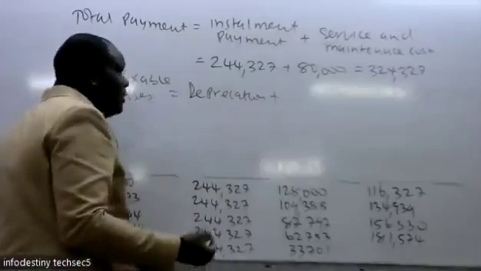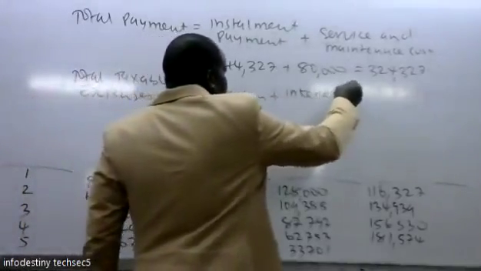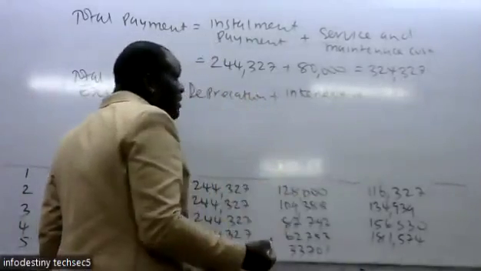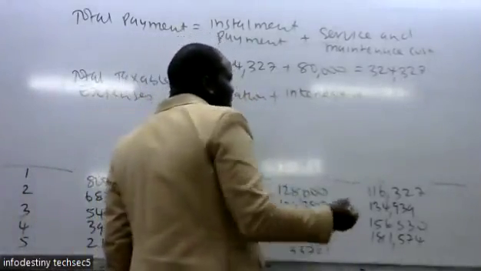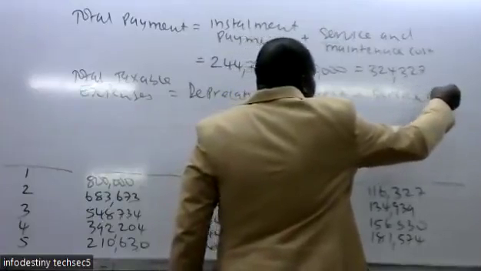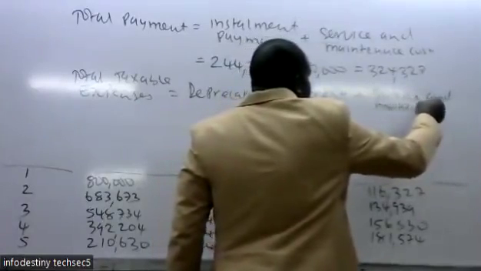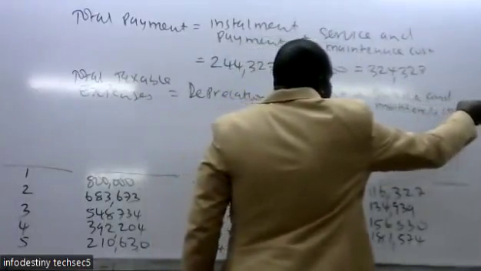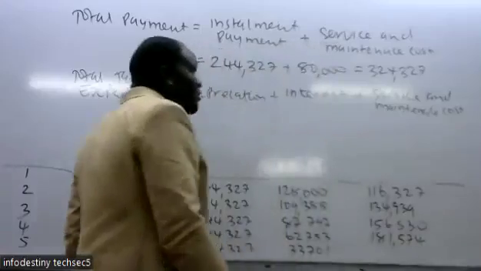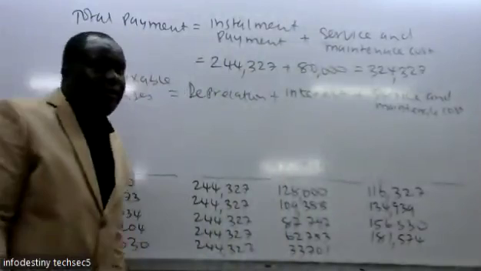The second one is interest. We calculated it. The third one is now the service and the maintenance cost. Those ones are taxable.